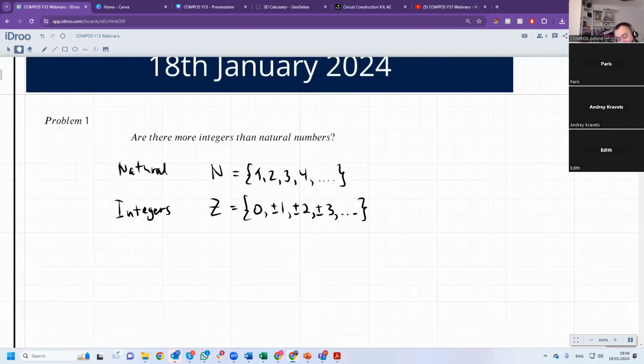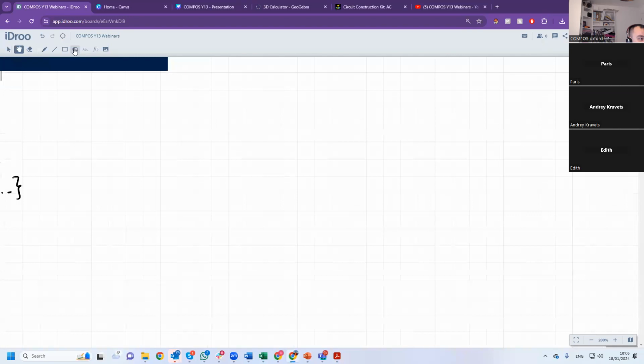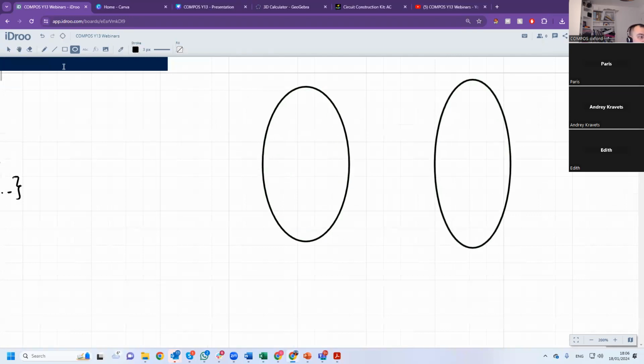Now how do we know that two sets have the same number of elements? Well, we imagine set 1 and set 2. Set 1 consists of elements, and set 2 consists of elements.